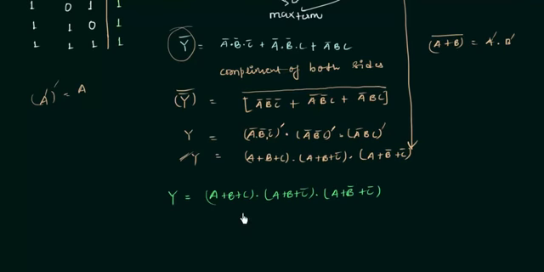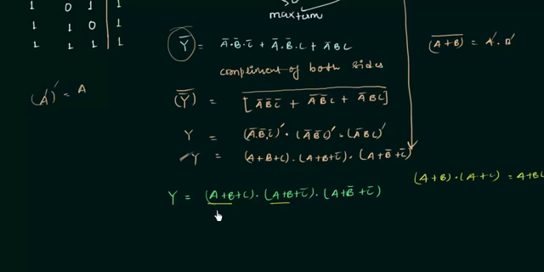This is good practice for you because you have already studied Boolean algebra. In the first 2 terms we have a or b as common, and from the distributive law, if we have a or b and a or c, we write it as a or b, c.